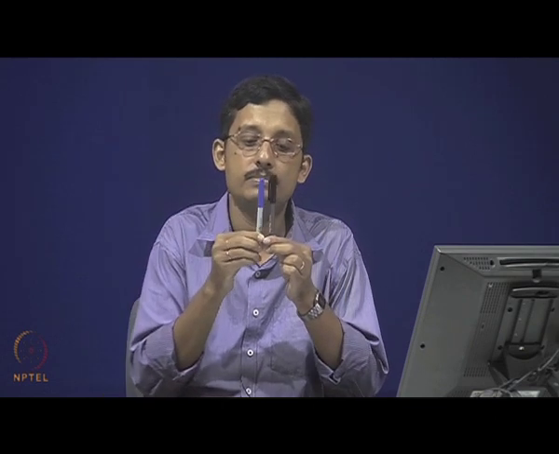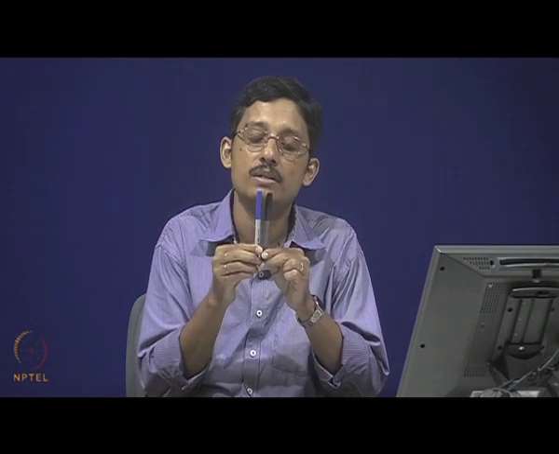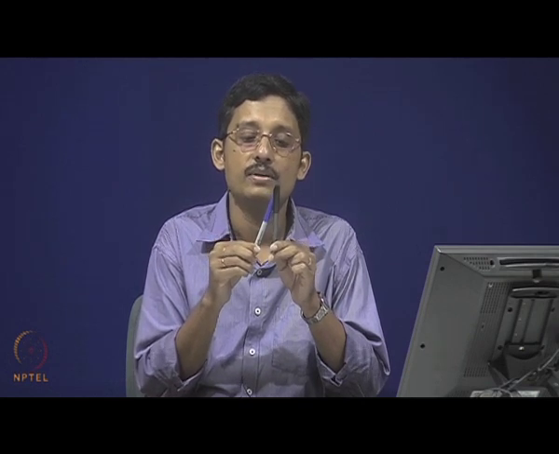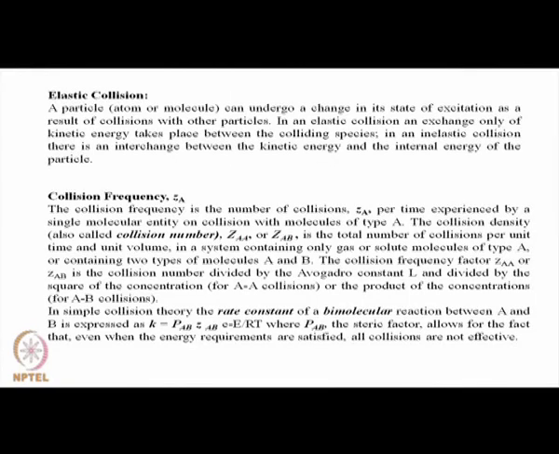When they collide, maybe because of energy transfer, the energy of this can be transferred to this. If that energy is absorbed by this black one, then it may be excited, so its state may get changed as a result of collision with the other particle.